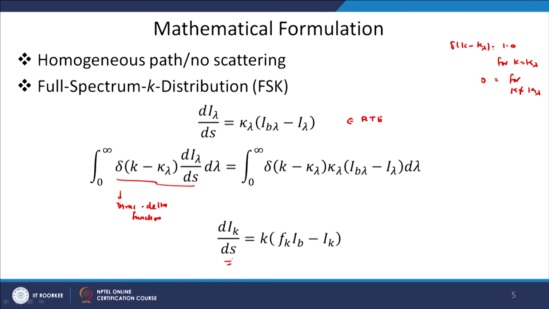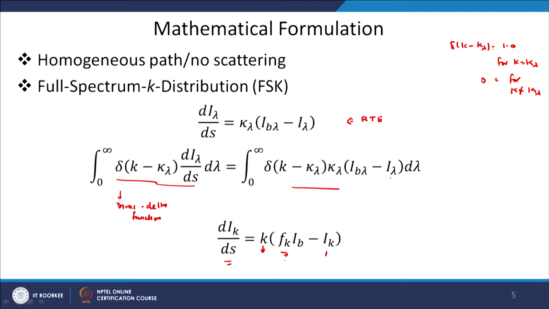The integral over the wavelength space has been converted into a simple Ik term, and similarly on the right hand side, wherever kappa lambda is equal to k, we just write I lambda as Ik, and Ib lambda multiplied by delta(k minus kappa lambda) integrated over 0 to infinity is written as Fk. This is called the k distribution.